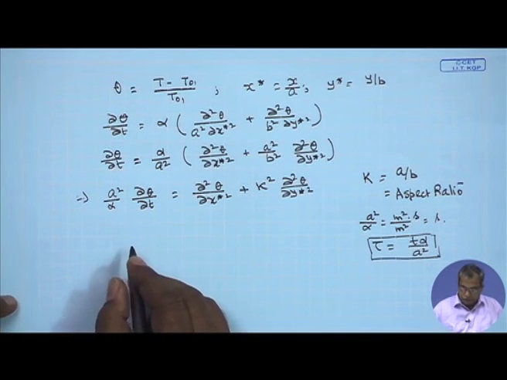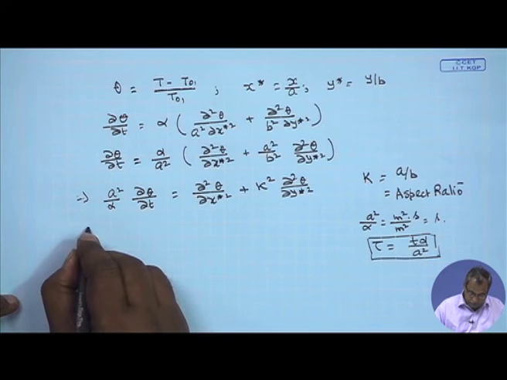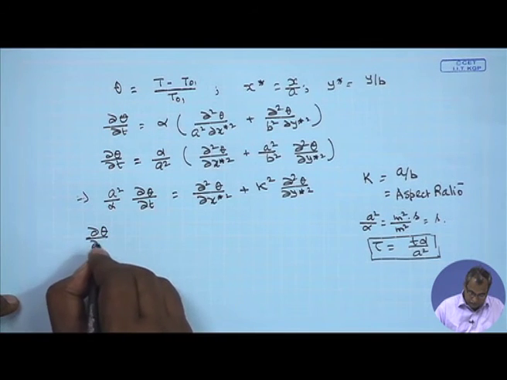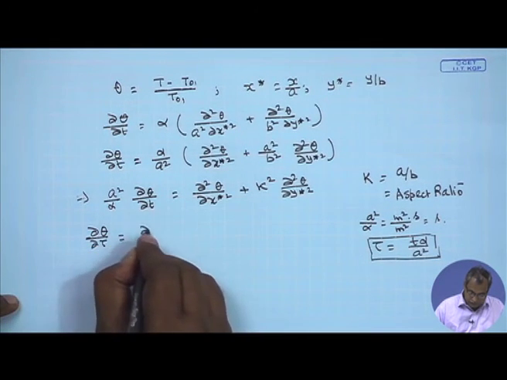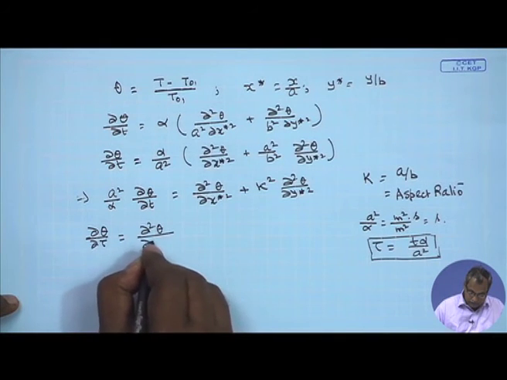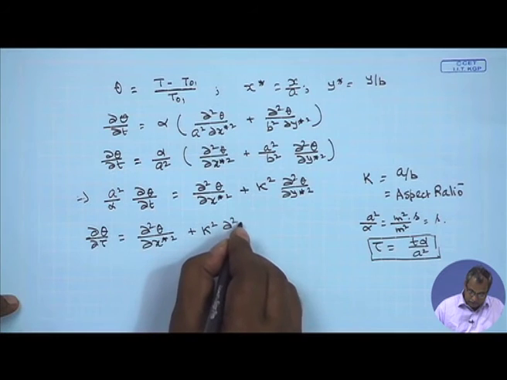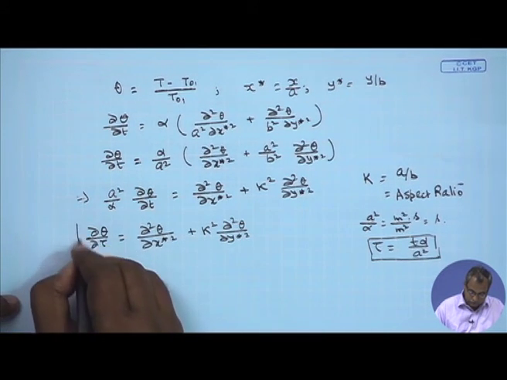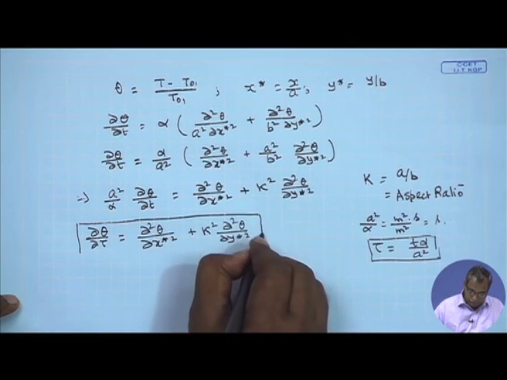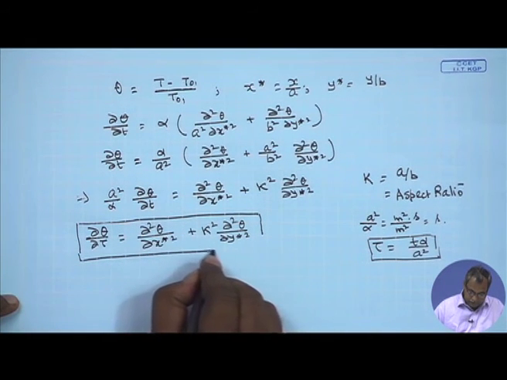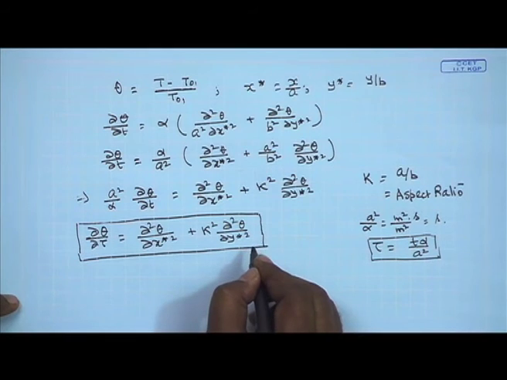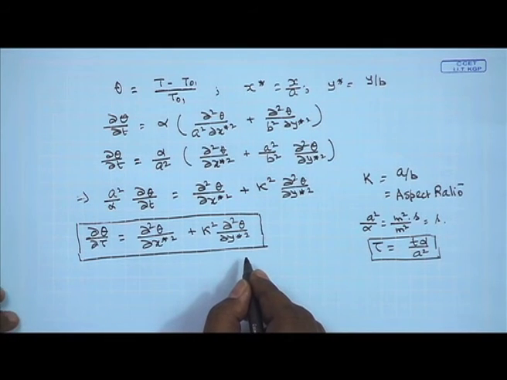So, we make the system non-dimensional as del theta by del tau is equal to del square theta del x star square plus k square del square theta del y star square. This is entirely the non-dimensional version of the governing equation.